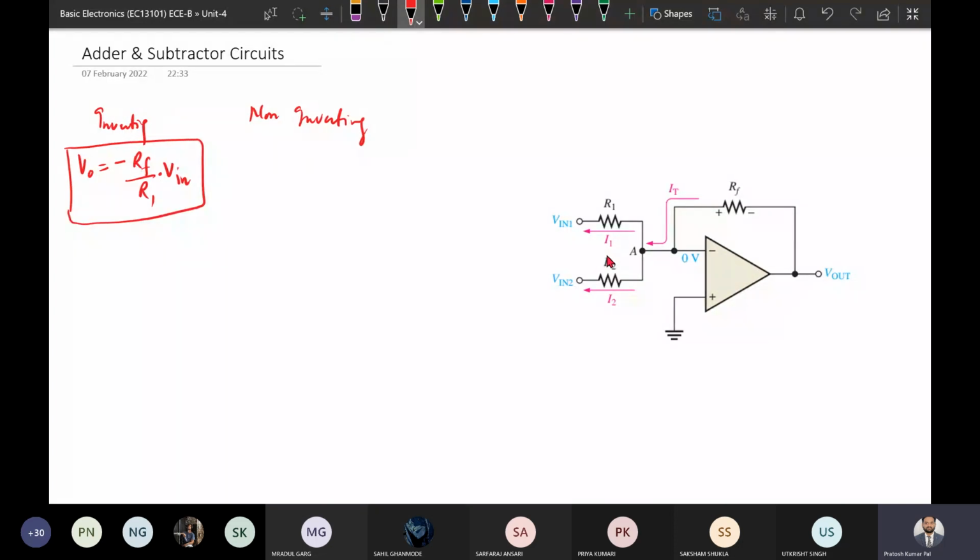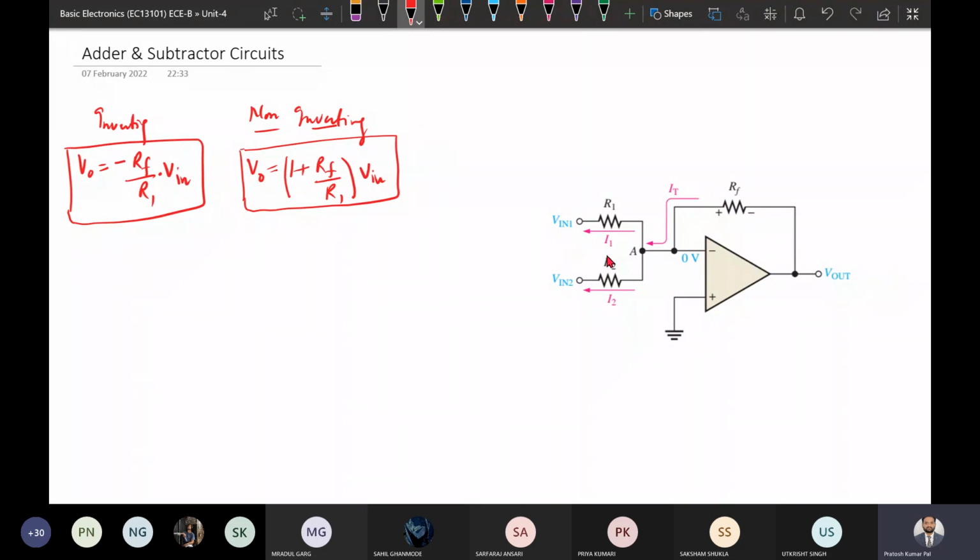As it is inverting, the output will be the negative of the input, so there will be a negative sign. In case of non-inverting, the output V output is equal to 1 plus RF by R1 multiplied by the input voltage. This we have seen in the previous class; you can refer to the concept from there.